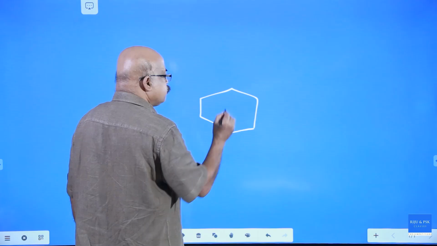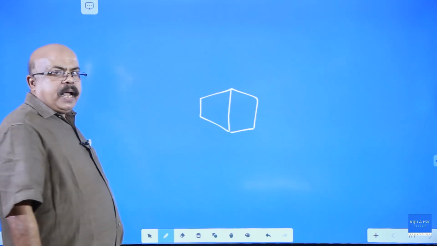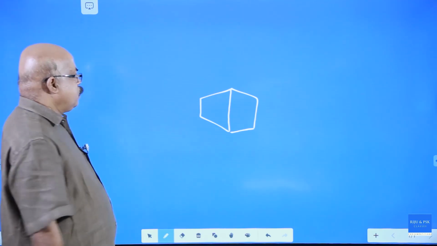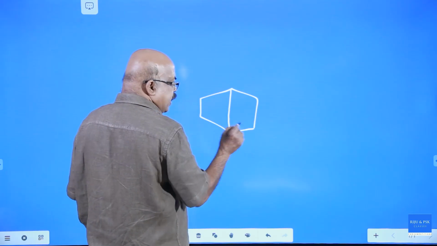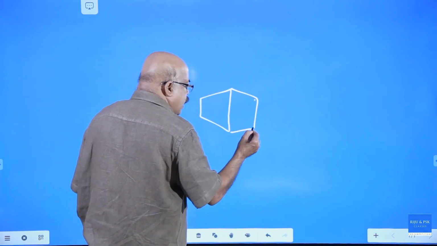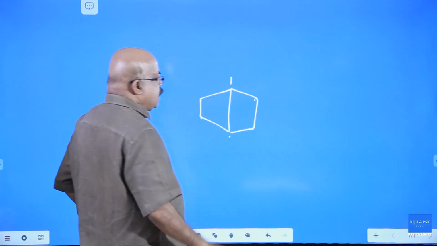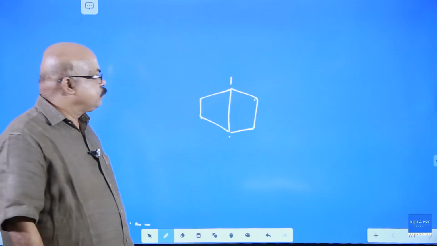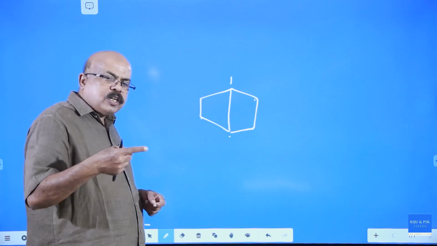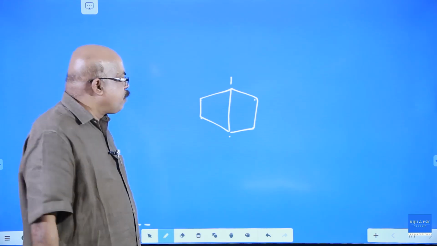Then see, to name this molecule, you have to start numbering from any one of the bridges. This bridge is not having any substituent. It is also not having any substituent. It is 2 carbon, 2 carbon. Start numbering from here or here, and number the chain starting with the carbon bridge having more number of carbons.